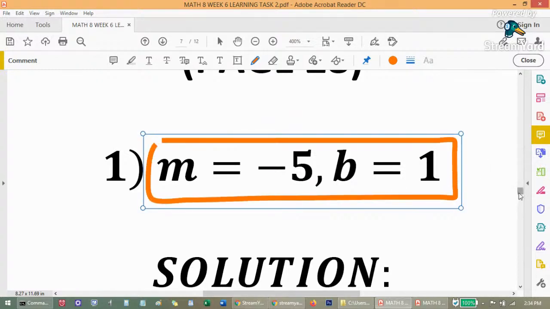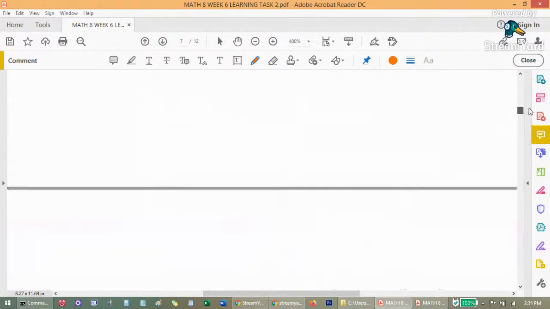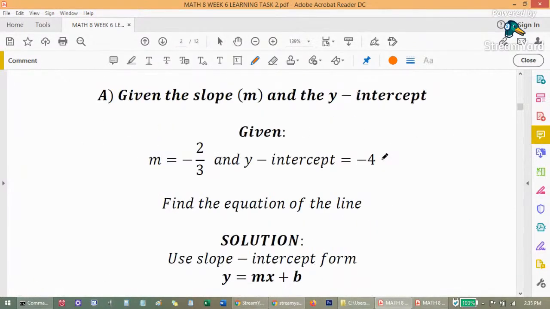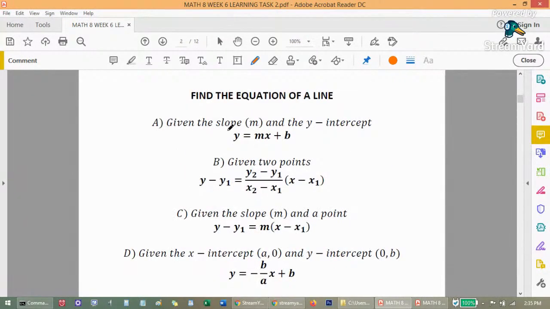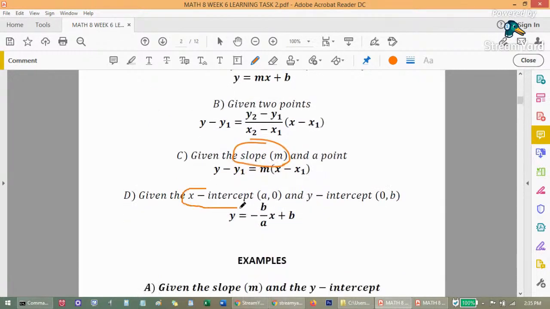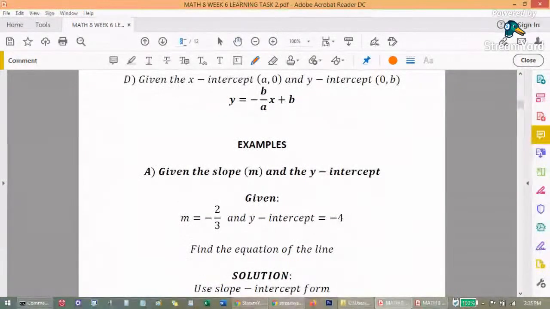Ano sa 4 na to? Slope and y-intercept. 2 points. Slope and point. X-intercept and y-intercept. Okay?